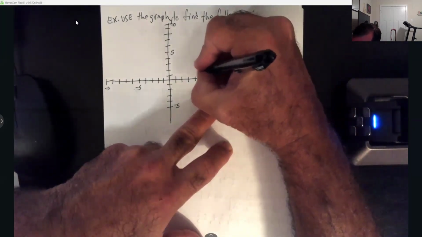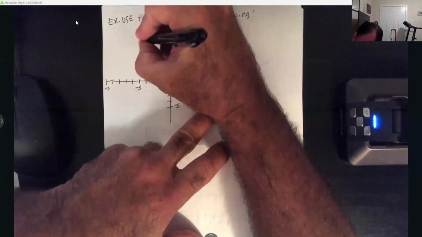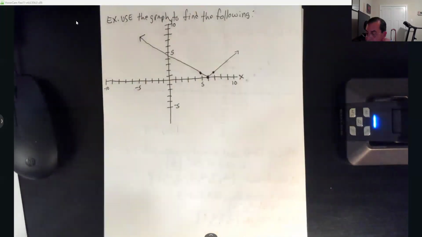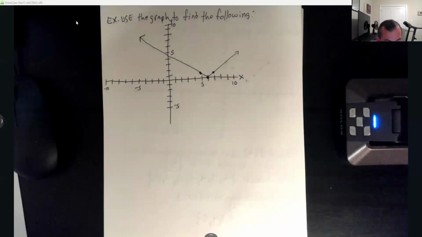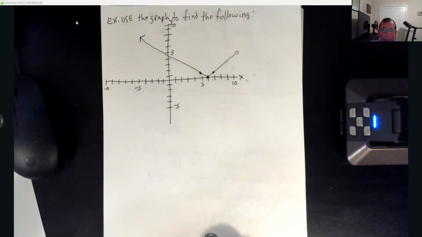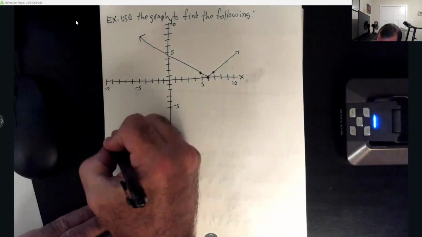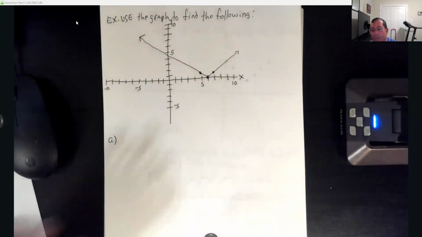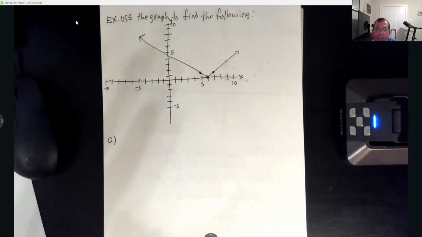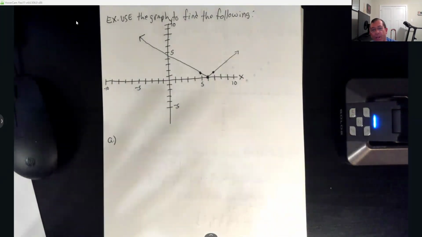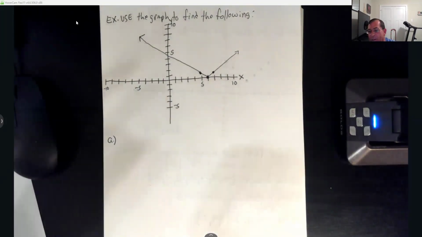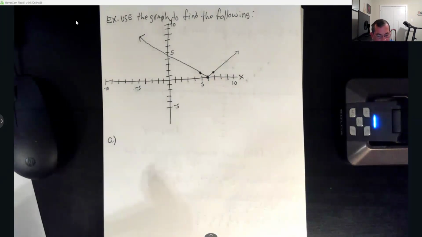And then this left side heading off to the left. And it's pretty much got the same type questions as the last one. Only difference is they're using lines here versus the points, okay?